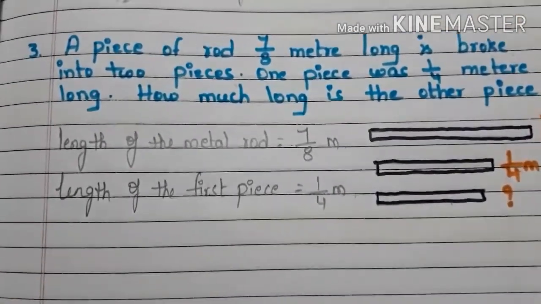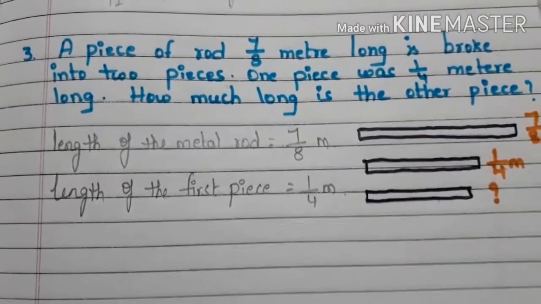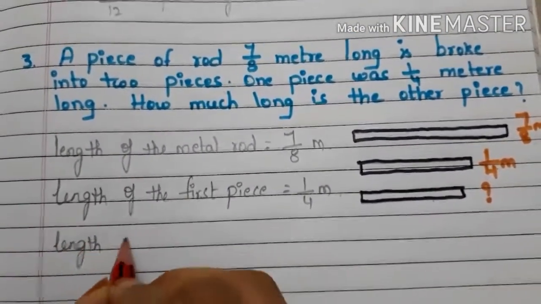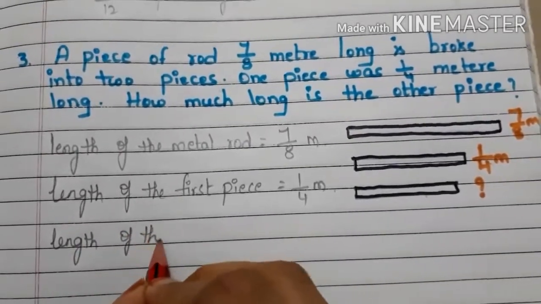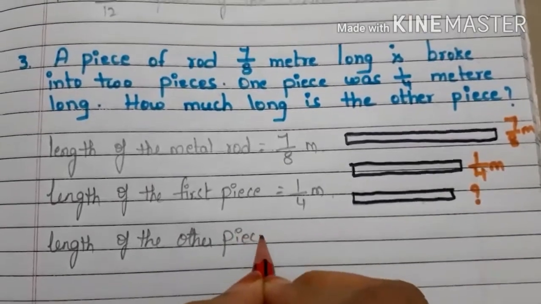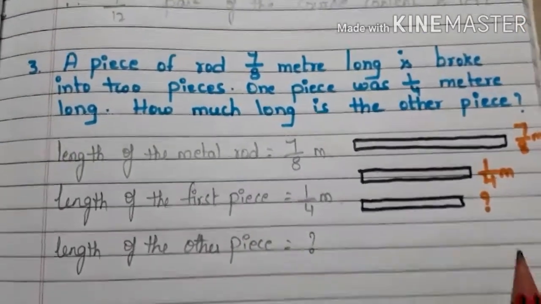Now we have to find out what is the length of the other piece. Right here. Length of the other piece is equal to how much?